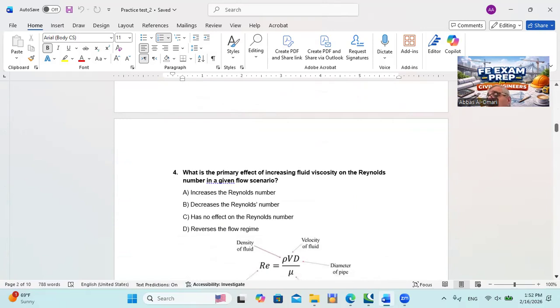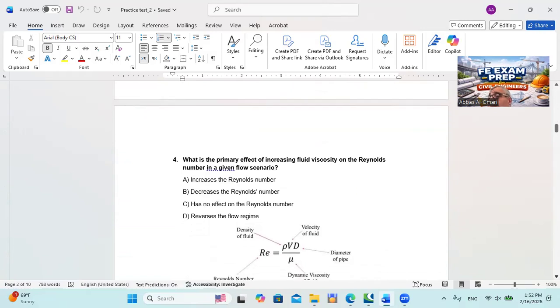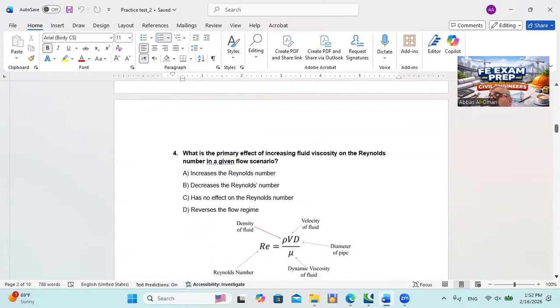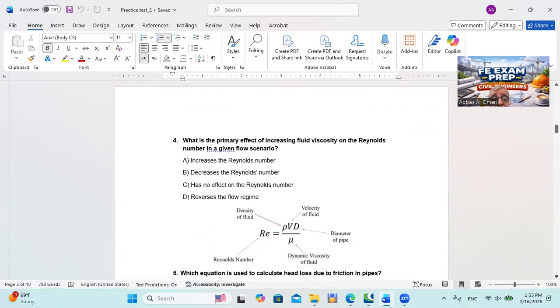What is the primary effect of increasing fluid viscosity on the Reynolds number in a given flow scenario? Now, the definition of Reynolds number is rho v d divided by mu, where mu is the dynamic viscosity, v is flow velocity, d is pipe diameter, and rho is fluid density.